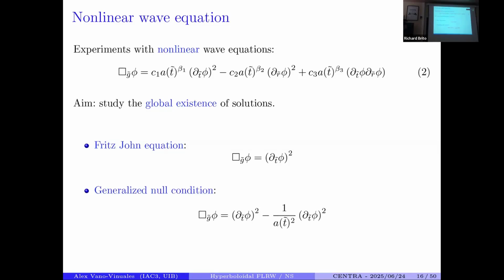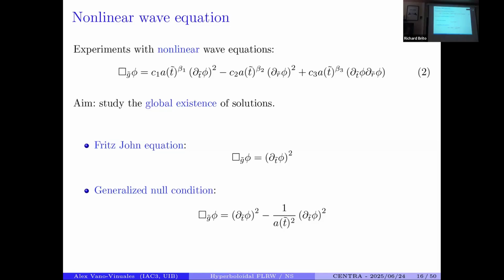Then there is the null condition, that we generalized. In this case, there will be no scale factor for the Minkowski case. Just to mention, we're considering the flat case, not the hyperbolic. The behavior of the null condition, generalized in this case with the scale factor, is that there is small data global existence, which means that if the amplitude is small enough, then it will be valid forever.